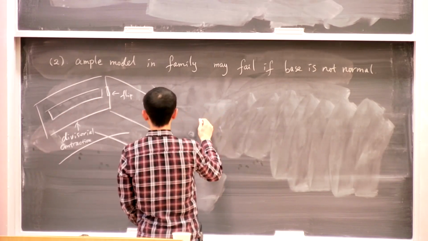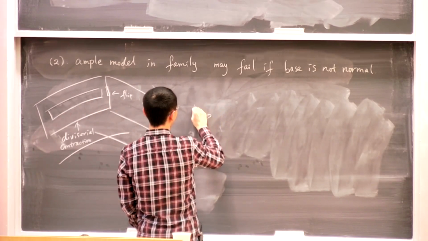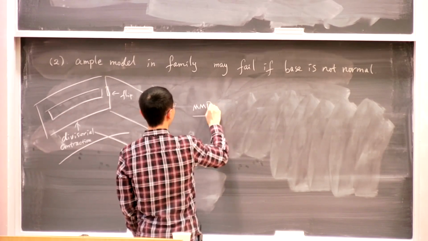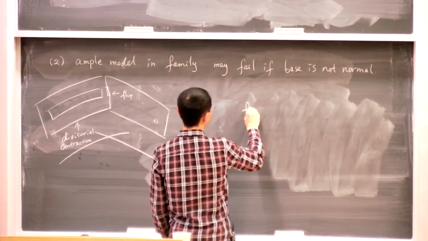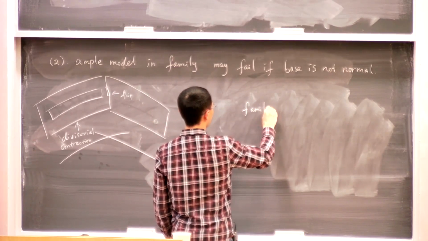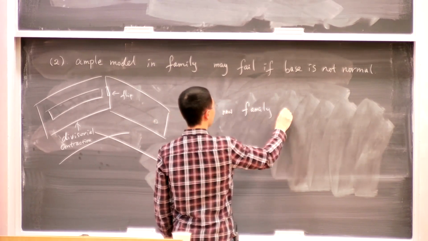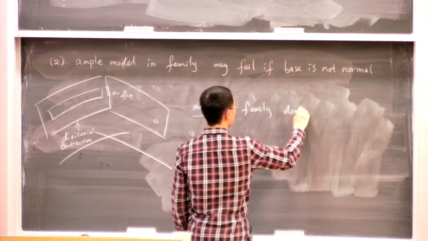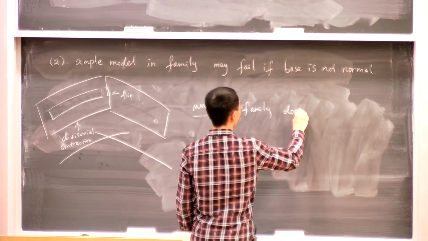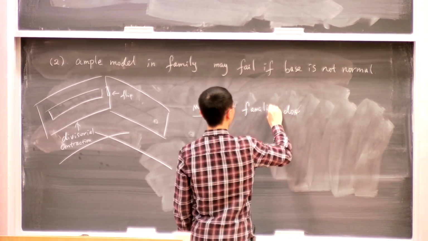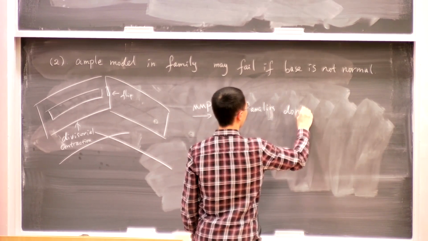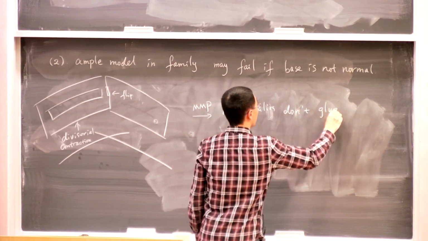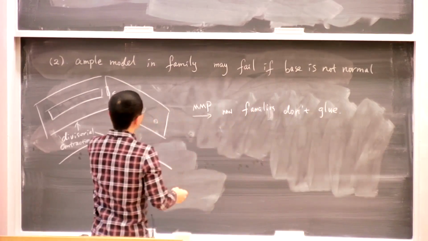So this means that after the MMP, this family doesn't glue together. The new families don't glue. Okay, so that's another issue.